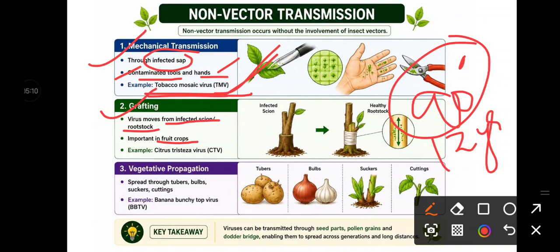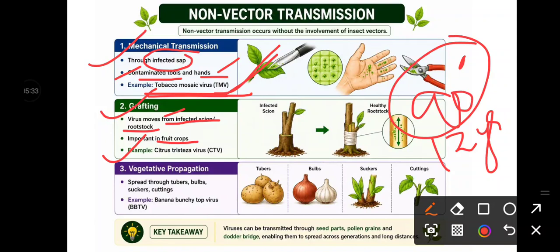The best example is citrus virus, which is transmitted through grafting. Remember the examples of each mode of transmission, this is very important. Most of the viruses affecting fruit crops are transmitted by grafting.